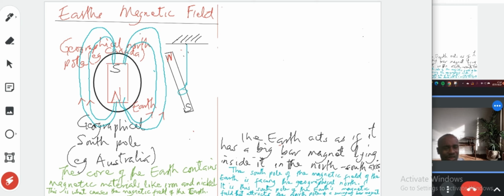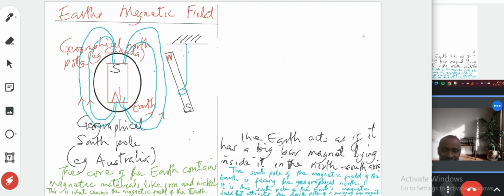Why does that always happen? Because the Earth itself has a magnetic field, and the south pole of the Earth's magnetic field is in the geographical north, while the north pole of the Earth's magnetic field is in the geographical south.